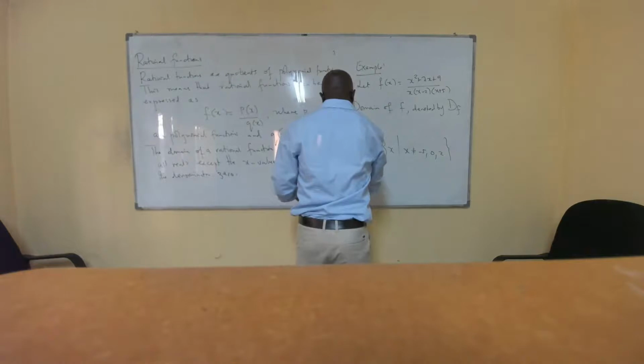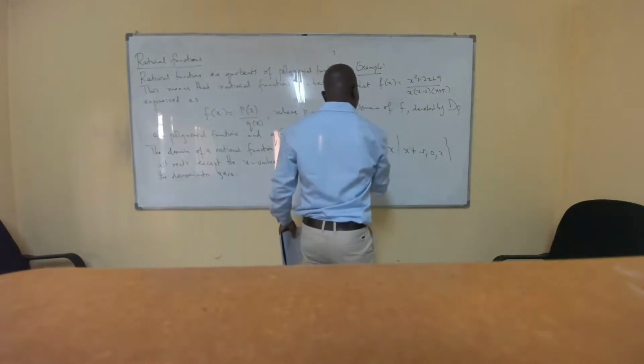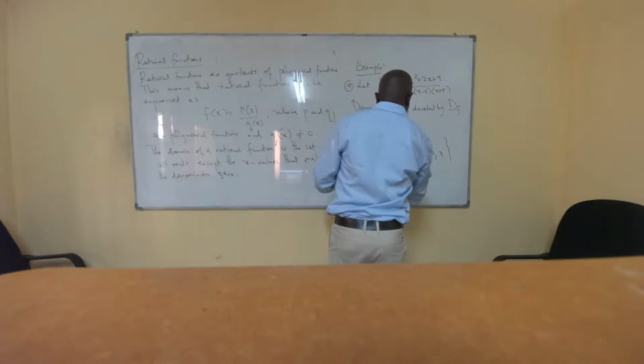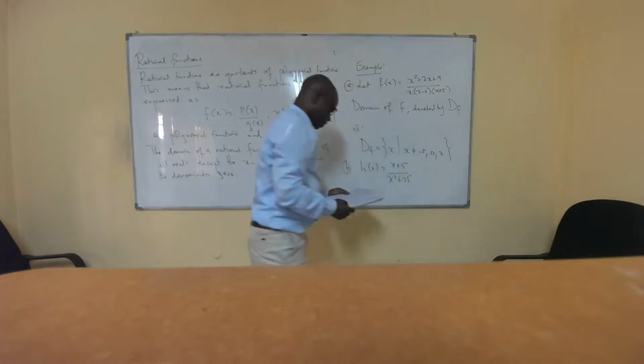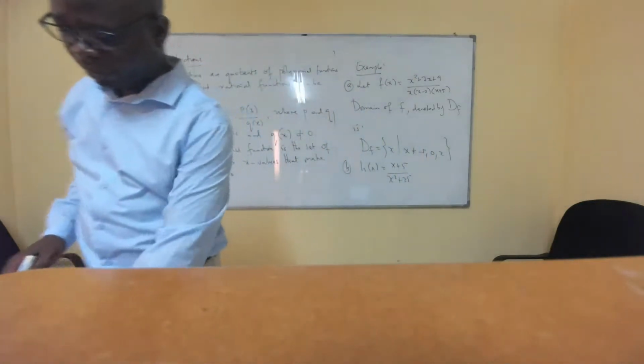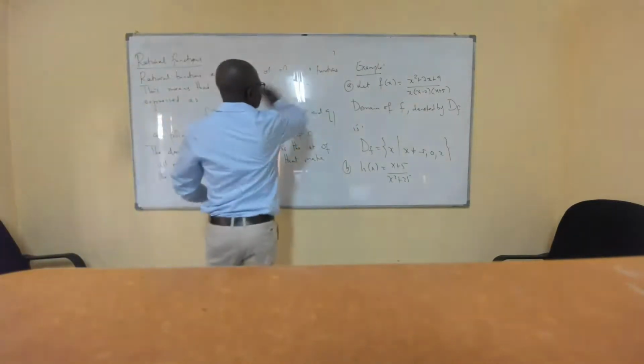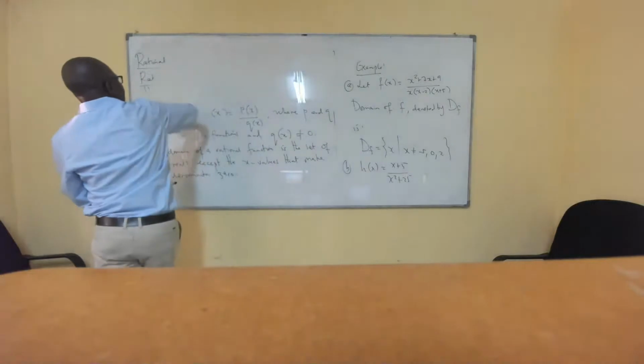And for B, if you have h of x equals x plus 5 over x squared plus 25, you see that this one can admit any real number.